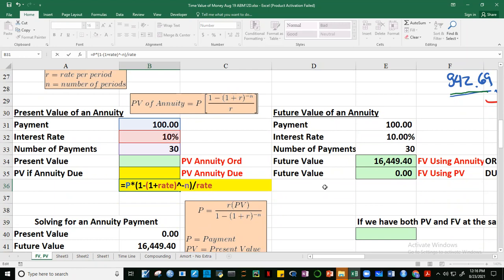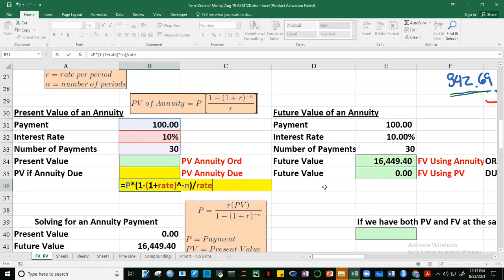So I'll flash that for a few seconds, guys. Paki-chat nga kung anong answer na nakukuha niyo. Can you chat, please? What answer are you getting? Ina-expect natin dito guys yung 942.69.